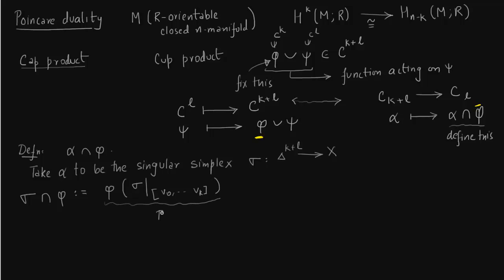After it acts on it, it spits out a number in the ring R. Now the rest of the elements, because sigma acted on delta k plus L, we still have k to k plus L remaining. That remains like that only. So you can immediately see that we have gone from k plus L to CL. So you can see the map already defined.